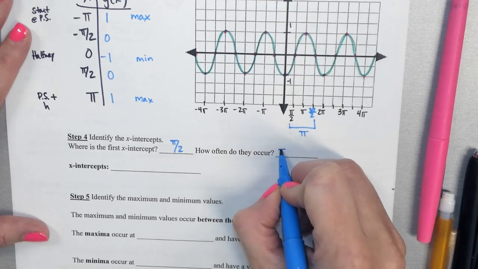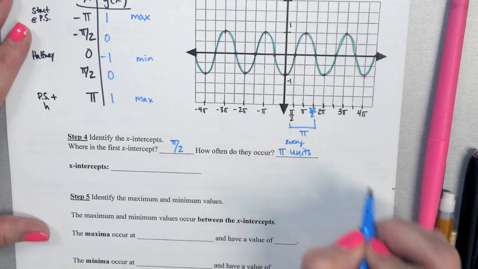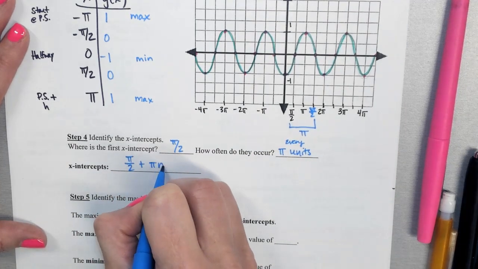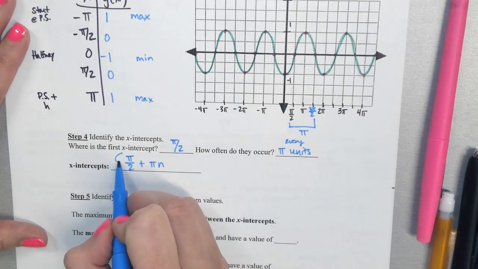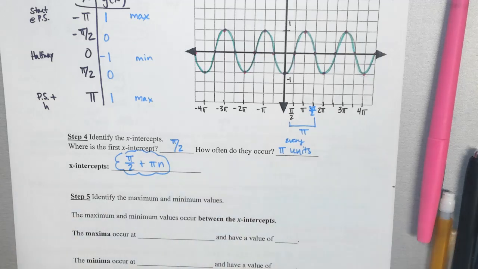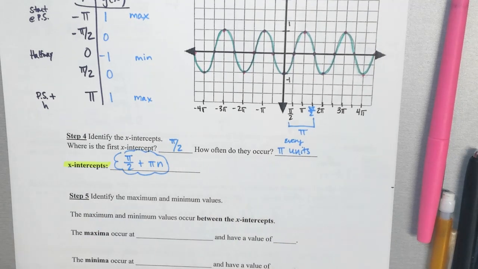So how often should they occur? Every pi units. Okay, so that means you have pi over 2 plus pi n. Okay, this is what you have to write for your intercepts.